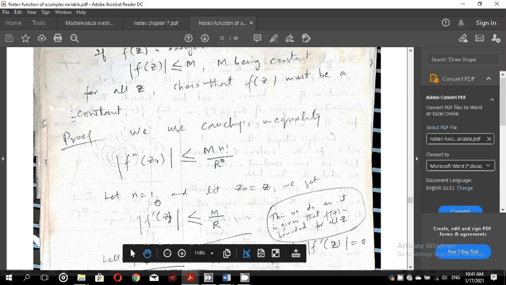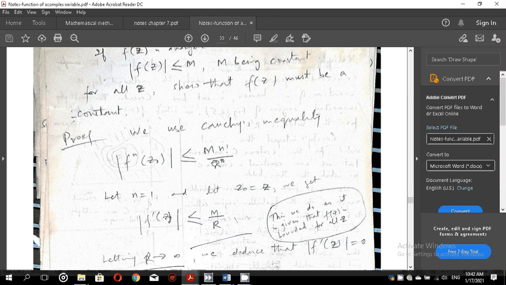Now if we take n equal to 1 and z naught equal to z, we can write this as the first derivative of the function at z less than or equal to M over R, because n factorial is 1 factorial, which is 1, and this power is also 1.